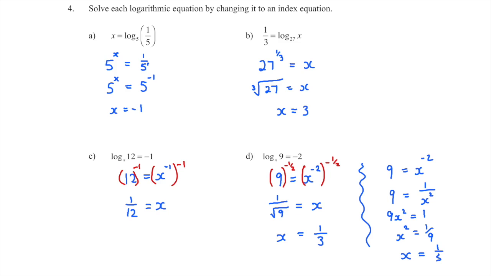Normally when you take the square root of both sides, you've got the plus case and the minus case to consider. But one thing that we haven't discussed yet when you're dealing with logarithms is that the base can never be negative. The base must be a positive number, so in this case it has to equal plus a third. Probably a bit easier to use this approach.